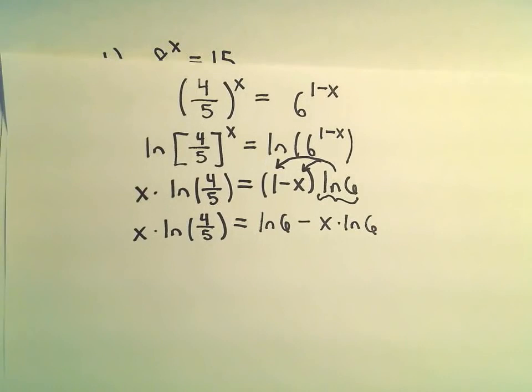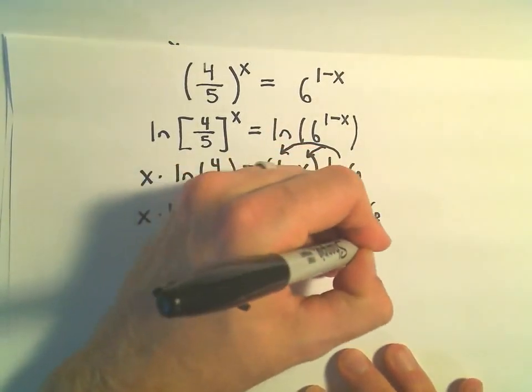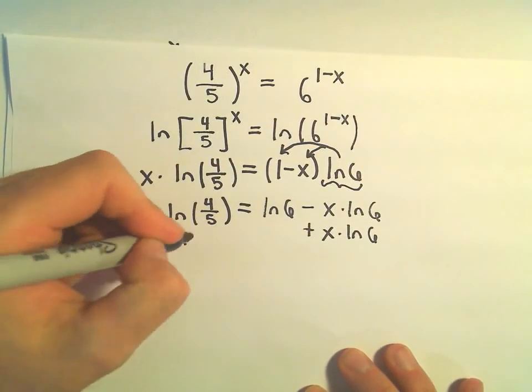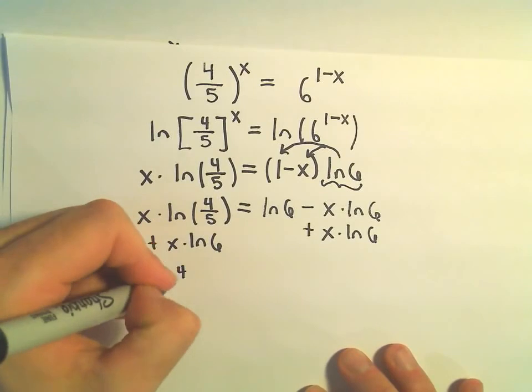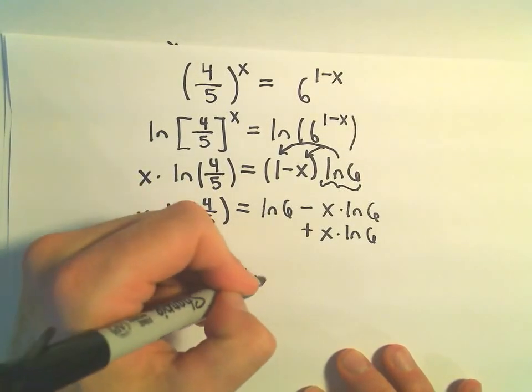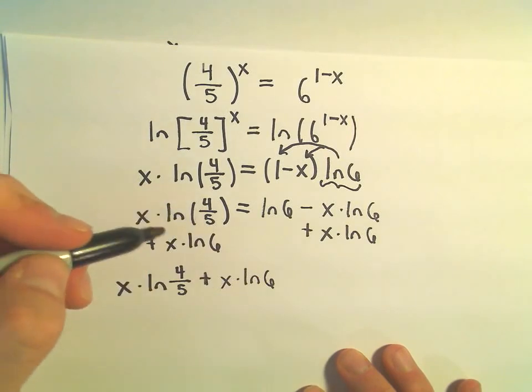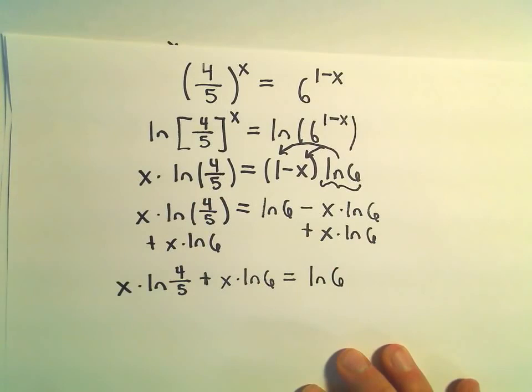And now what I'm going to do is put my x's on the same side. So I'm going to add x times ln of 6 to both sides. So on the left side, we would have x times the natural logarithm of 4/5 plus x times the natural logarithm of 6. On the right side, we have just ln of 6 left over now.